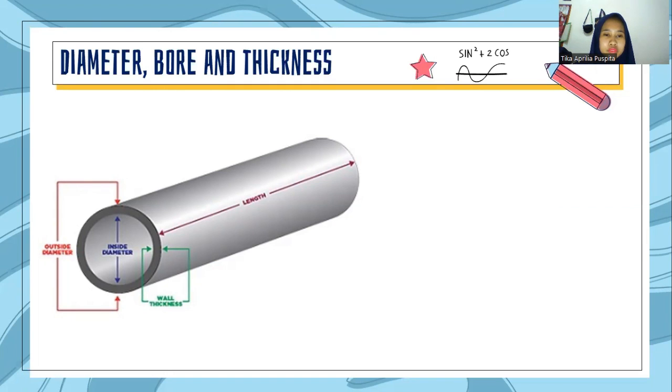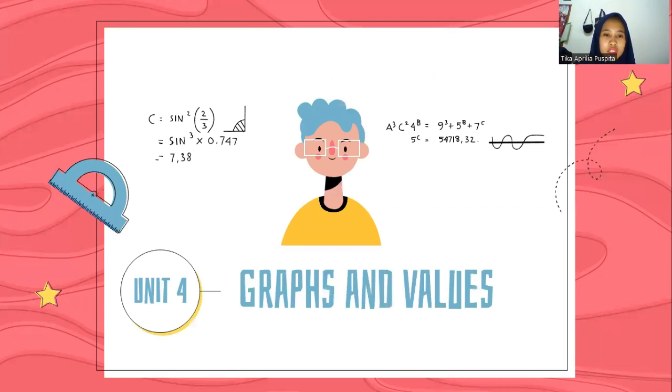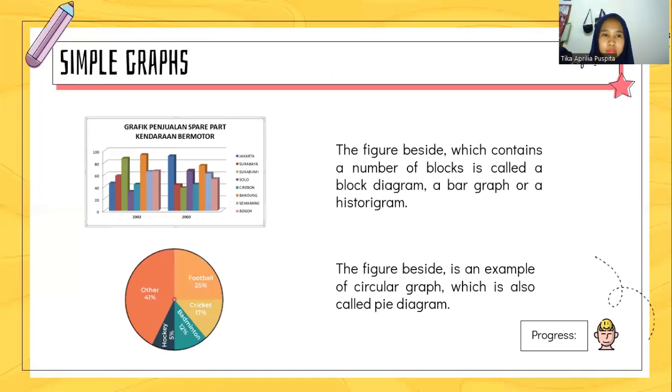All right, the next one is graphs and values. All right, so the first one is sample graph. The figure beside which contains a number of blocks is called a block diagram, a bar graph, or a histogram.